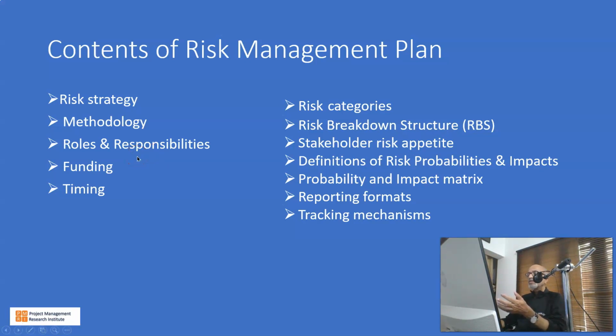Otherwise, who will do what with respect to risk, that can be part of the risk management plan. The funding requirements for risk management, the timing, the risk categories, the risk breakdown structure, stakeholder risk appetite, so how much risk they are willing to take, and the definitions of risk probabilities and impact.